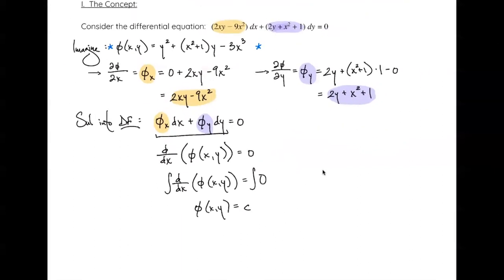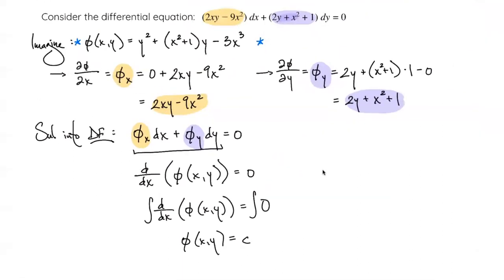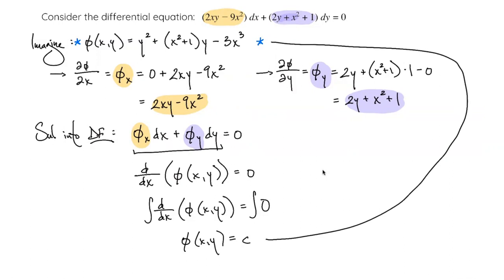Now, this is actually going to give us our solution, okay? So this phi of xy equals c is going to give us our function that we imagined in the first place, okay?